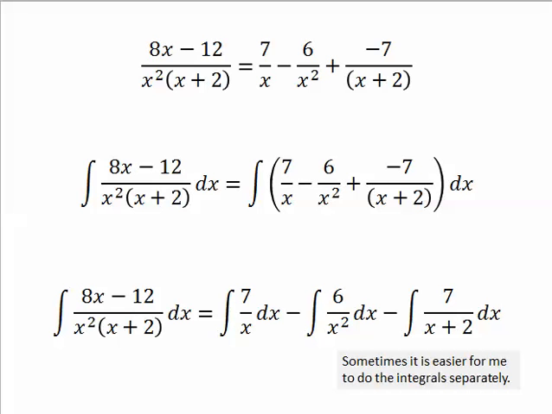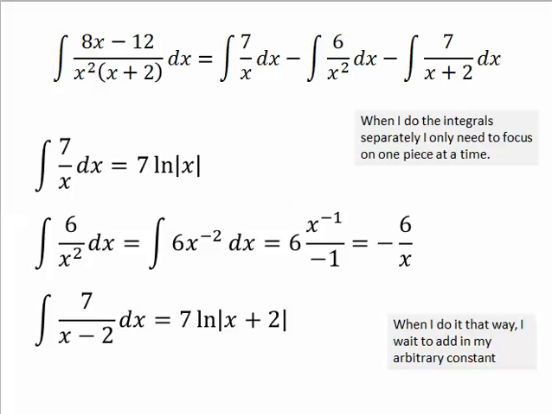I'm going to use this information to set up my integral. Sometimes for me it's easier to do the integrals separately. When I do the integrals separately, I only need to focus on one piece at a time, and when I do it that way, I wait to add in my arbitrary constant for later in the problem.